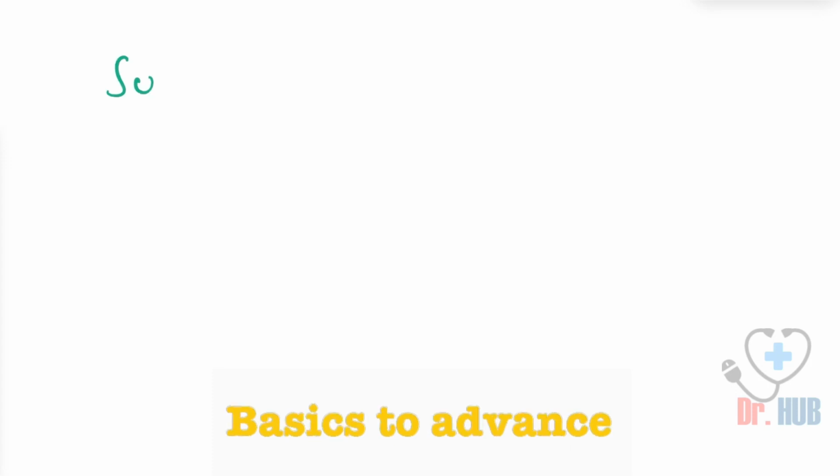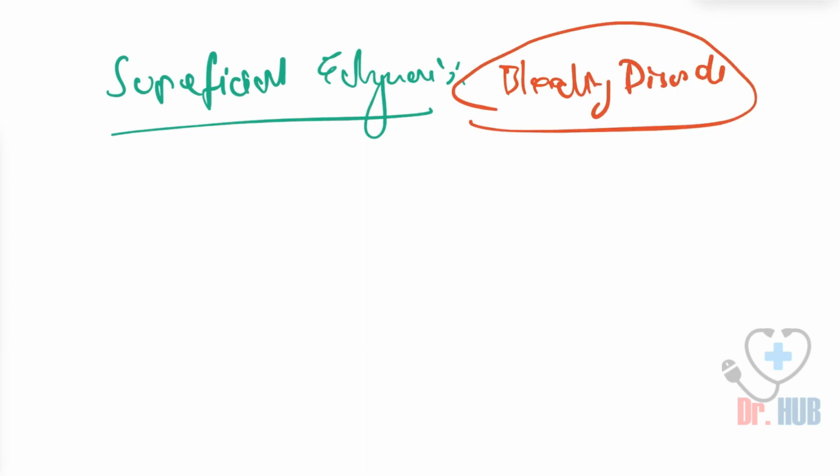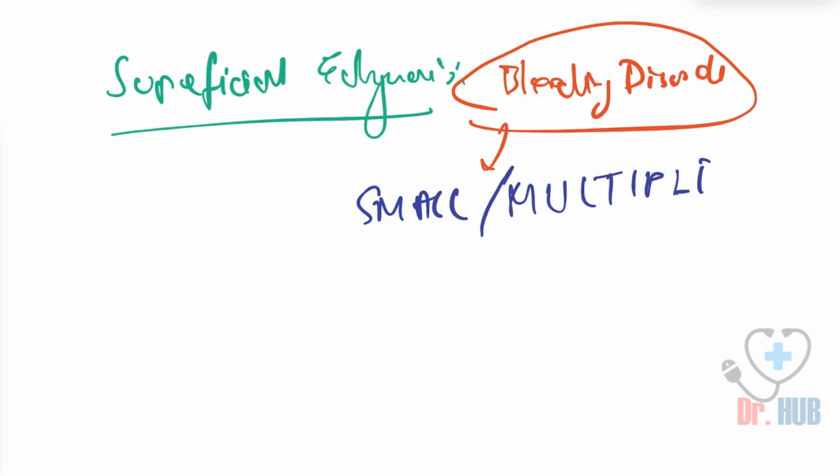Now let's go back to answering our questions. The first question we asked was, comment on the superficial ecchymosis. In case of the bleeding disorder, the superficial ecchymosis is small and multiple.